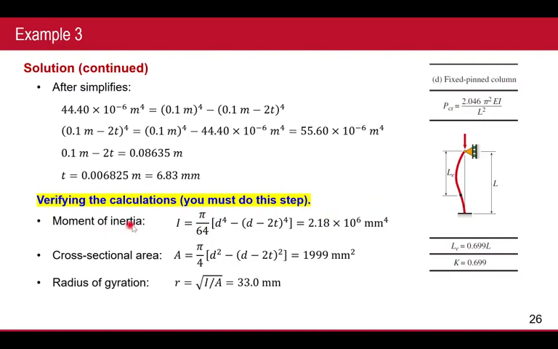Of course we can get the moment of inertia and so on, but don't worry, you know these things. The key thing is here: sigma cr is Pcr over A. That means you work out A, and that's 150 megapascal. Clear?